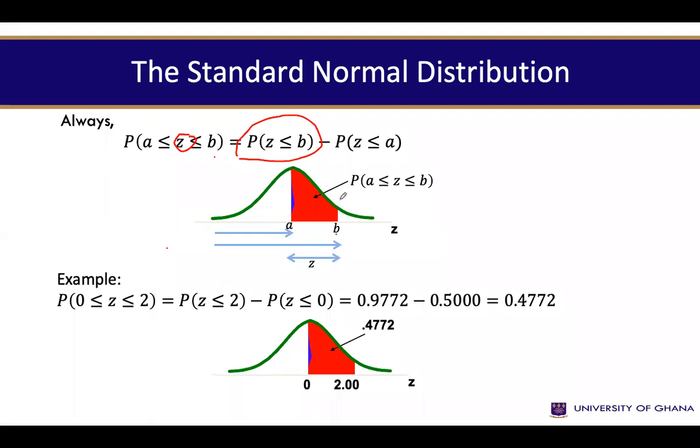Then you also evaluate the probability that z is less than or equal to a, from negative infinity up to a. When you take the difference, the resultant value is the probability that z lies between a and b. So you evaluate at point a, evaluate at point b, and then put them together. That is basically what we are saying.